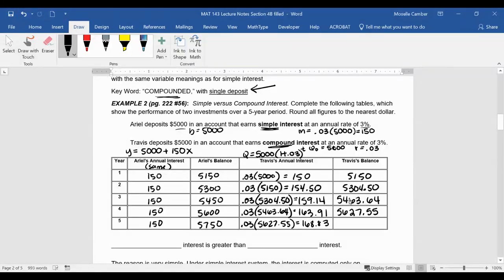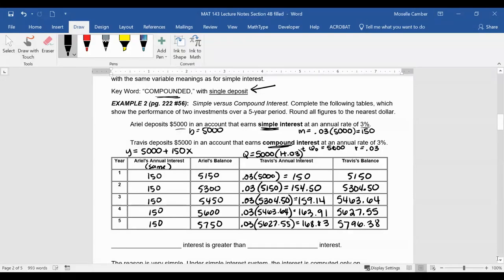And I'm going to add that on to 5,627.55, so we're at 5,796.38. So after 5 years, Travis would have 5,796 in his account, whereas Ariel only has 5,750. So it's an extra $46.38 that Travis didn't have to put in, but he has in his account.